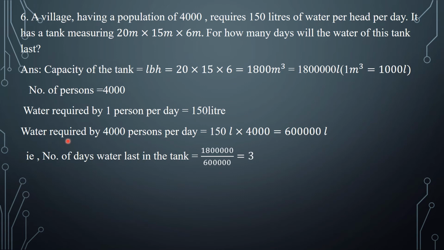So, the water required by 4,000 persons in a day will be 150 liters into 4,000, which is equal to 6 lakh liters. The total water in the tank is 18 lakh and water for 4,000 persons a day is 6 lakh. Therefore, the number of days the water in the tank will last is 18 lakh divided by 6 lakh, equal to 3 days.